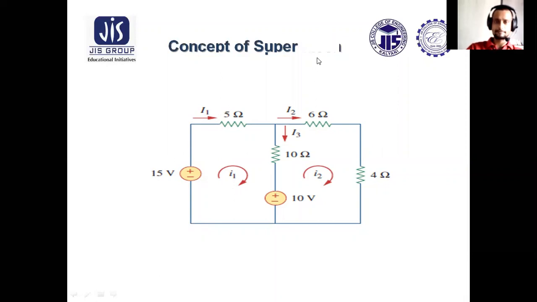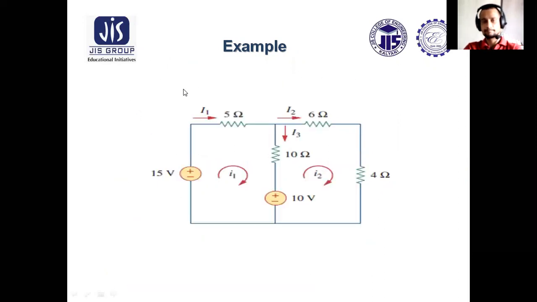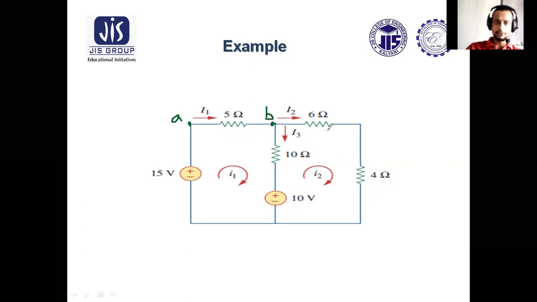First step is we are asked to determine loop currents I1 and I2. So our first step is let us mark all the nodes to identify the loops.